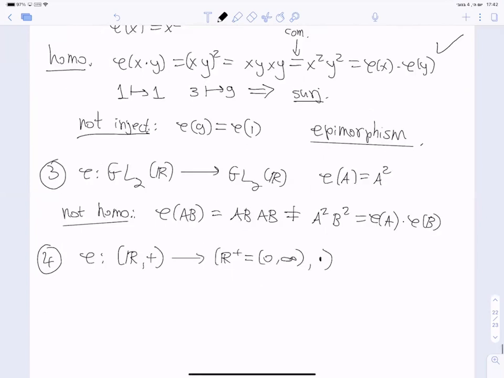For example, you define x goes to 2 to the power of x. We have seen that this is the usual way to pass from addition to multiplication. In the other direction, it will be the logarithm. So why is it a homomorphism? Because phi of x plus y, the operation here is plus.